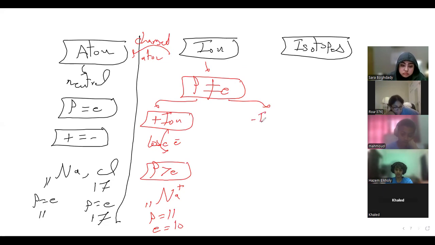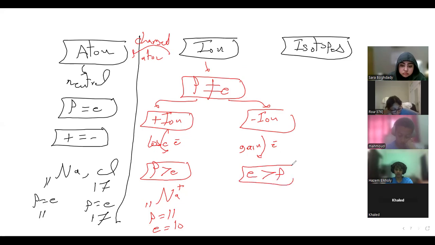And negative ion refers to gaining electrons. Electron is greater than proton. Like if we have Cl negative, protons equal 17 and electrons equal 18.